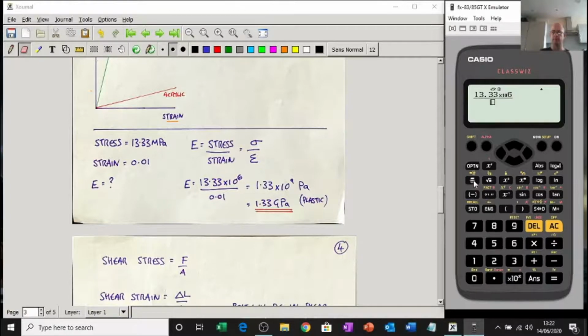And the strain was 0.01. So this will now give us the Young's modulus.